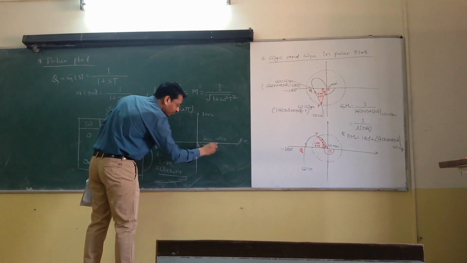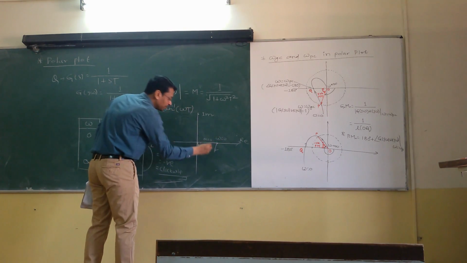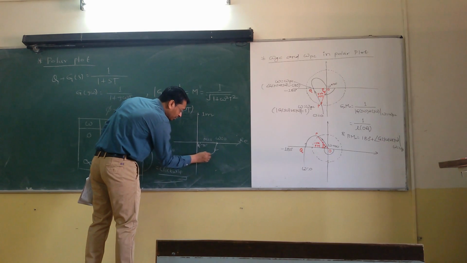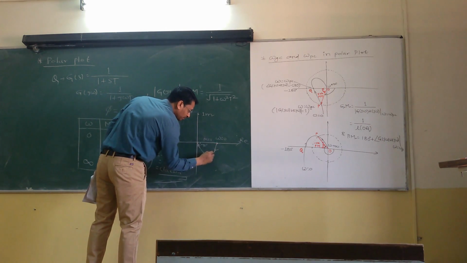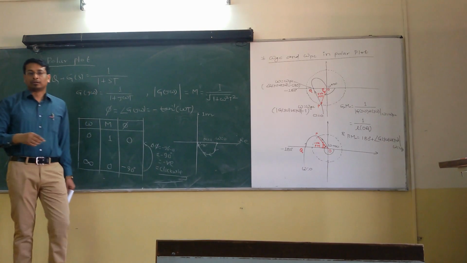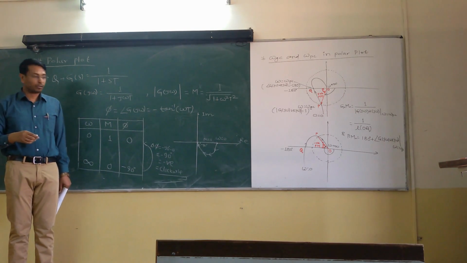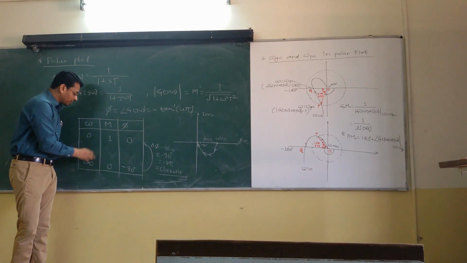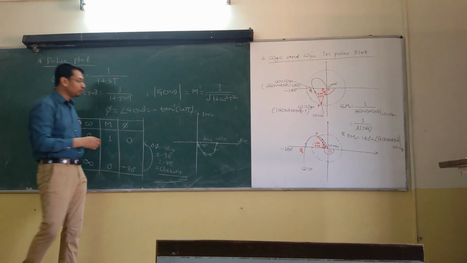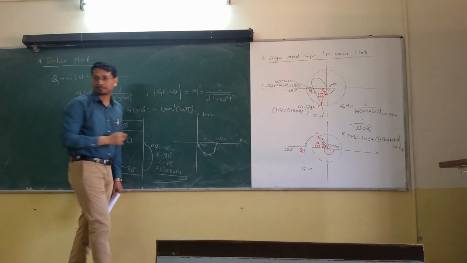That's why I have written clockwise here, and it is going to touch this. Okay, so you can see if your analysis is good enough, then with the help of just these 2 points, you will be able to sketch the polar plot.